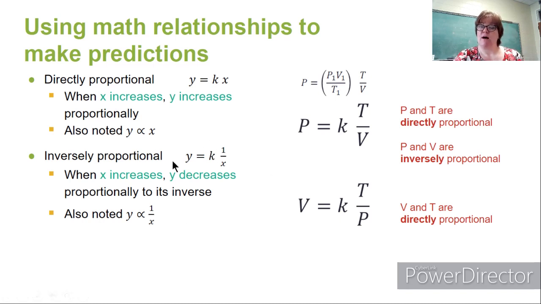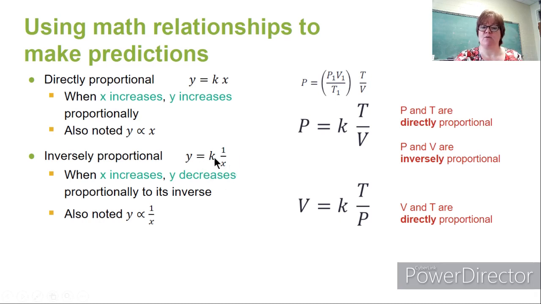The other type of common relationship we'll see in chemistry is what we call inversely proportional. So y is equal to k times the inverse of x, 1 over x. In this case, when x increases, then y, which is proportional to 1 over x, decreases.